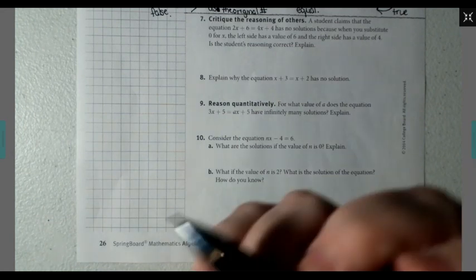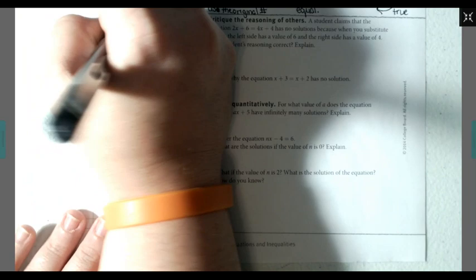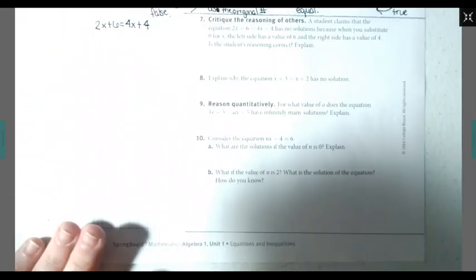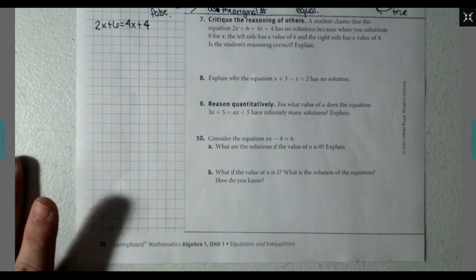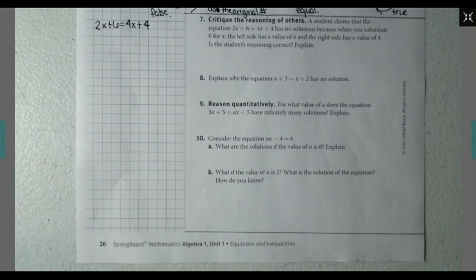So let's actually solve this equation for x and see what we come up with. I'm going to do this in the My Notes section off to the side. We started out with 2x plus 6 set equal to 4x plus 4. Ultimately, we're trying to get our x values on one side and our constants on the other, and then solve for x all by itself.